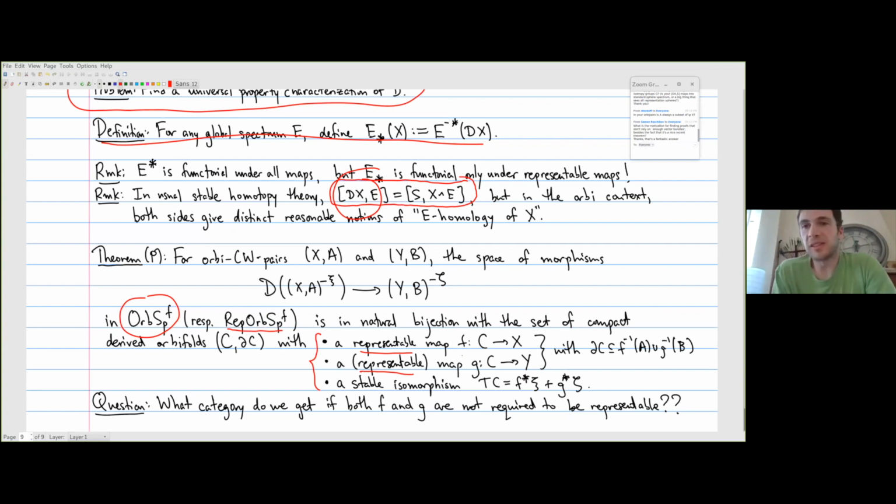So there's no reason, at least from this point of view, to expect an involution on this category. Of course, it's natural to ask what happens if I allow both F and G to be arbitrary. Now I do get a category with an involution, but I have no idea what it is.